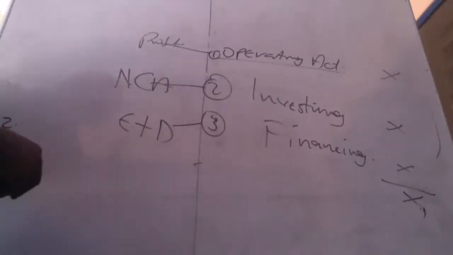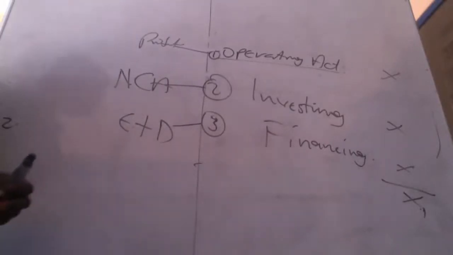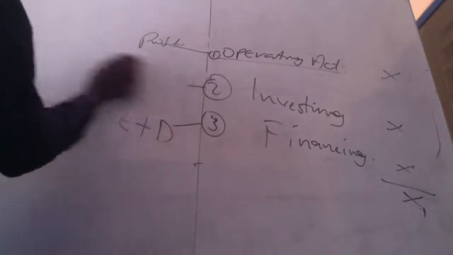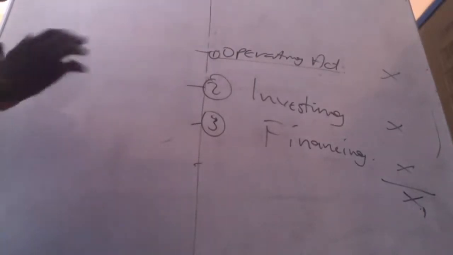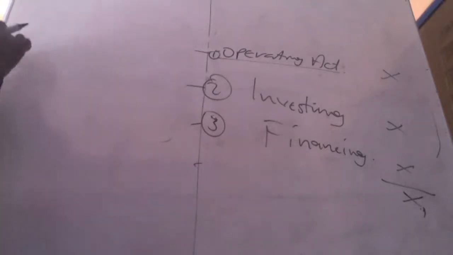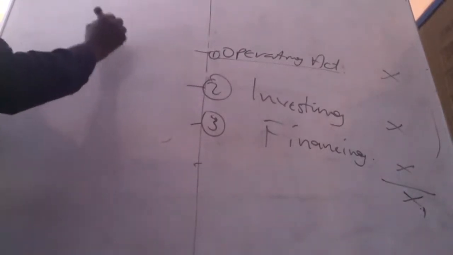With the direct method, we use direct cash flow, so we don't include any profits.